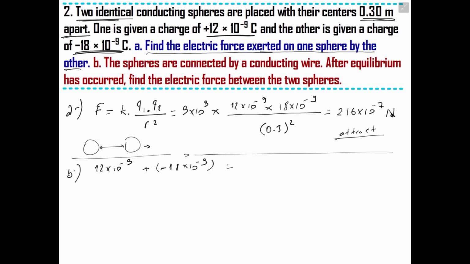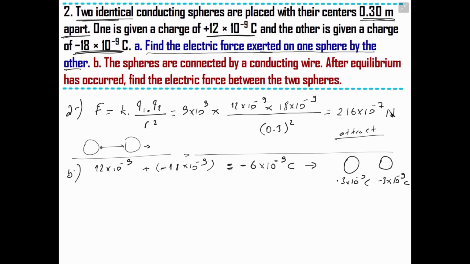So the total amount of charge here will be negative 6 times 10 to negative 9 coulomb. And then this value will be distributed equally for both spheres. So it will be half and half: negative 3 times 10 to negative 9 coulombs for each.